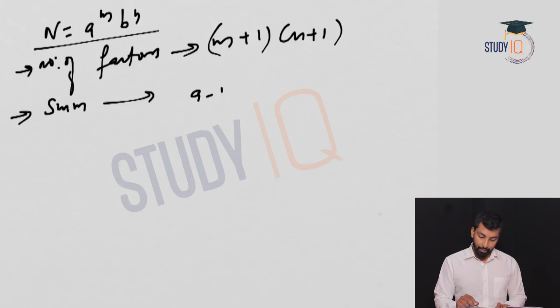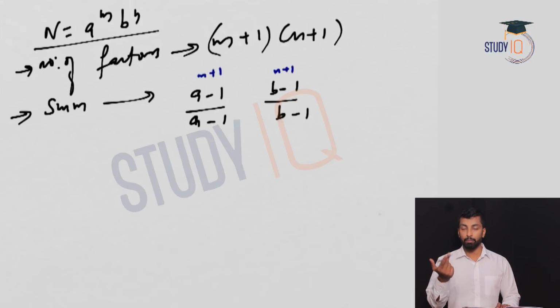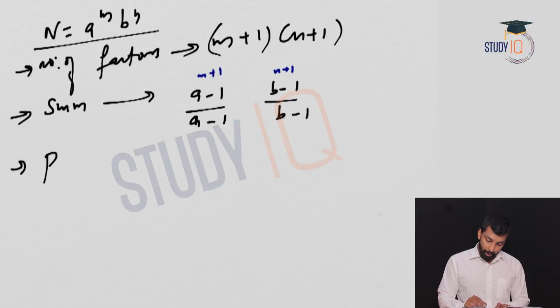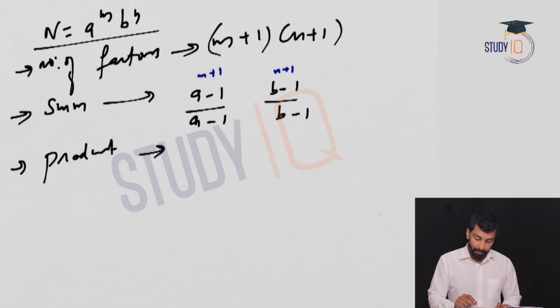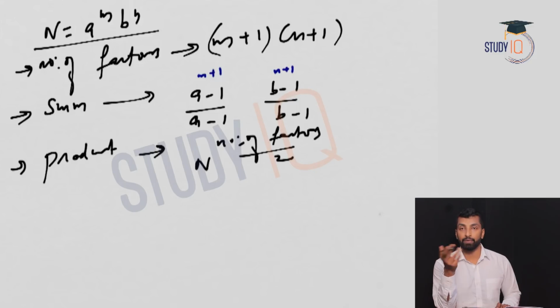And what is the formula? (a to the m plus 1 minus 1) by (a minus 1), into (b to the n plus 1 minus 1) by (b minus 1). Everything depends on the number of factors formula. Then we have seen the product, right? If the sum can be asked, you can find the product also. It's very simple: the given number N raised to the number of factors by 2. The number of factors you know anyway, (m plus 1) and (n plus 1). For that also you need to prime factorize anyway.